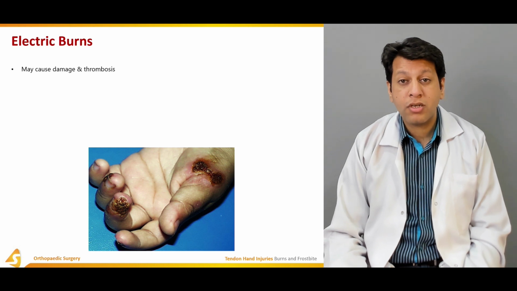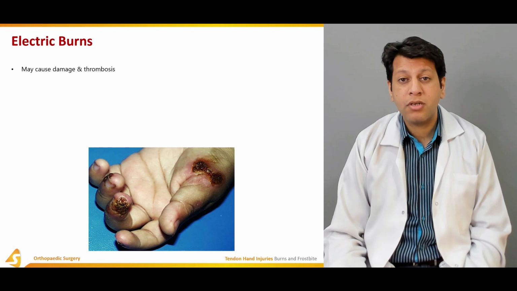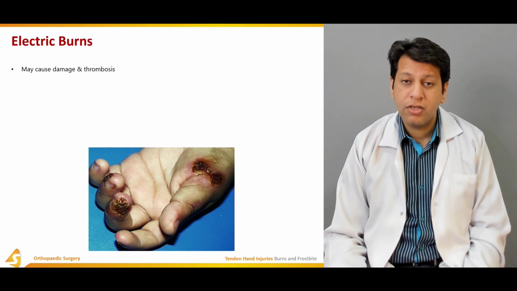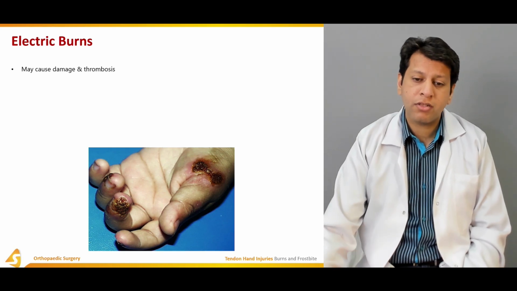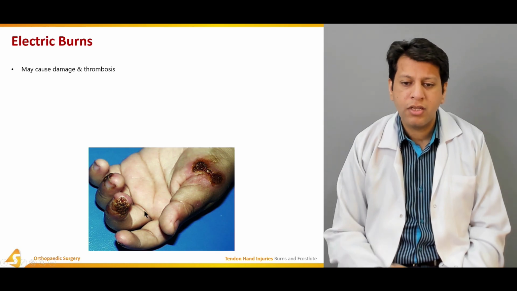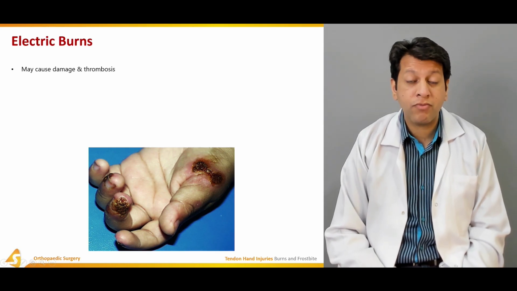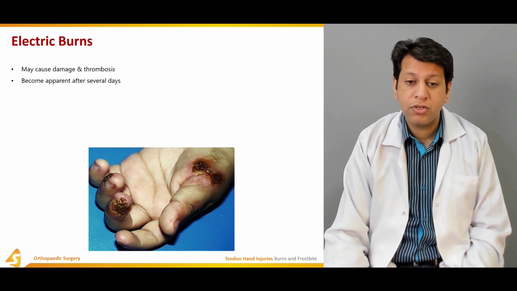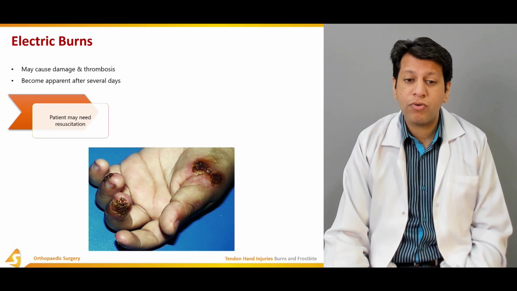This also causes rhabdomyolysis, the breakdown of muscle myoglobin, which can result in kidney failure as well. So even if the superficial appearance looks trivial, this kind of injury could be very devastating and may result in a severe hand or forearm compartment syndrome. So it is very important to look for.